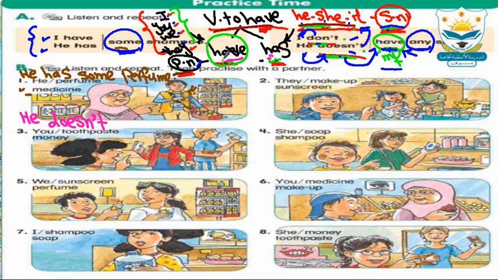Have or has? Of course have is in infinitive. So he doesn't have. Is this sentence negative or affirmative?